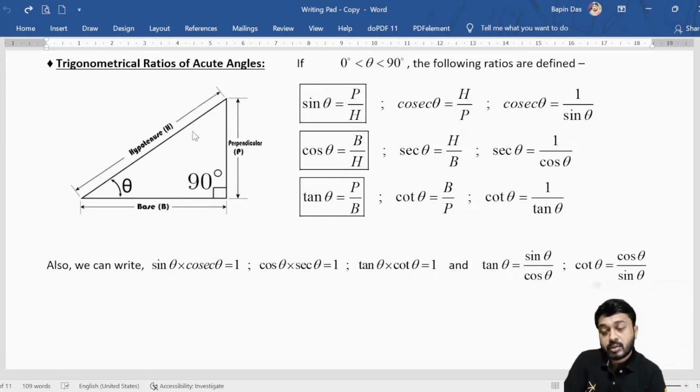Keep it in mind. So here you can see, for this right angle triangle, this is the base. Capital B is what I denote it with.